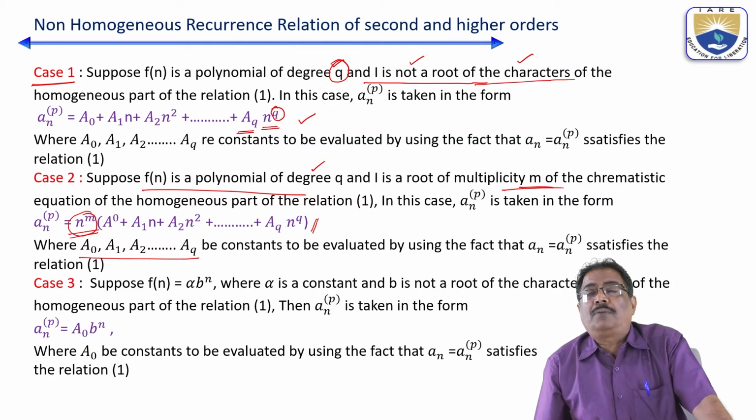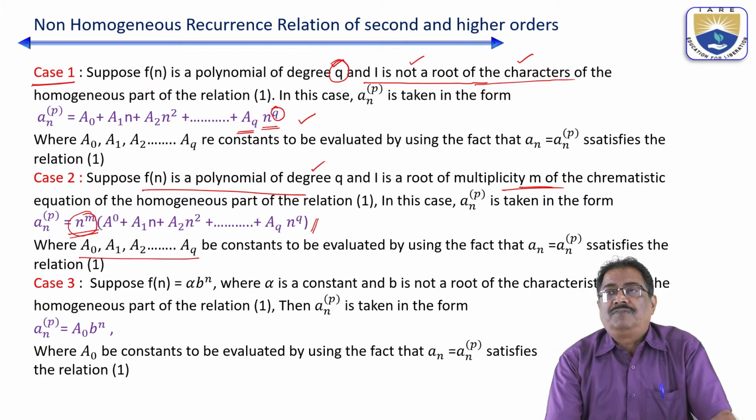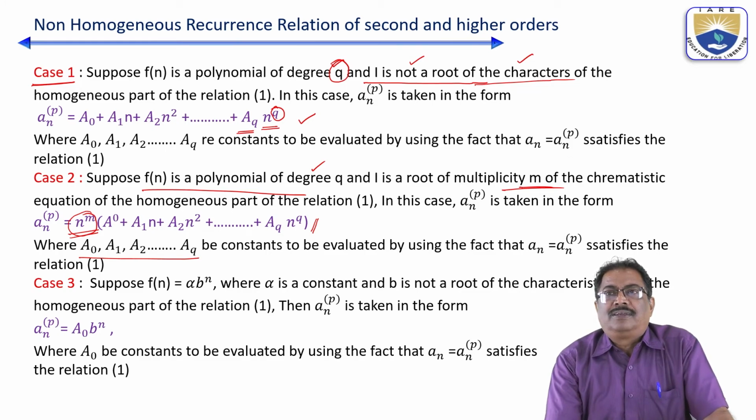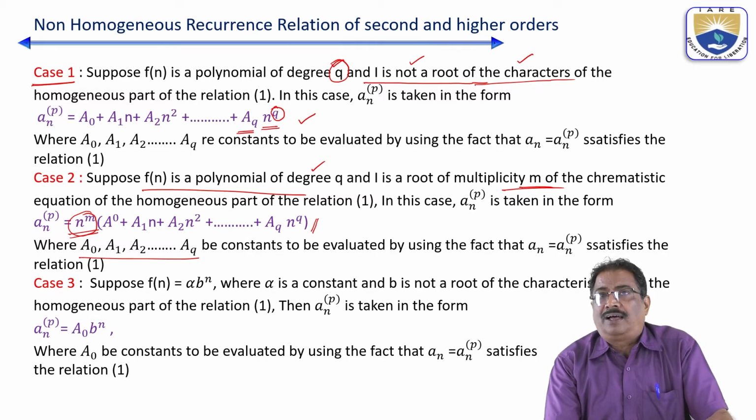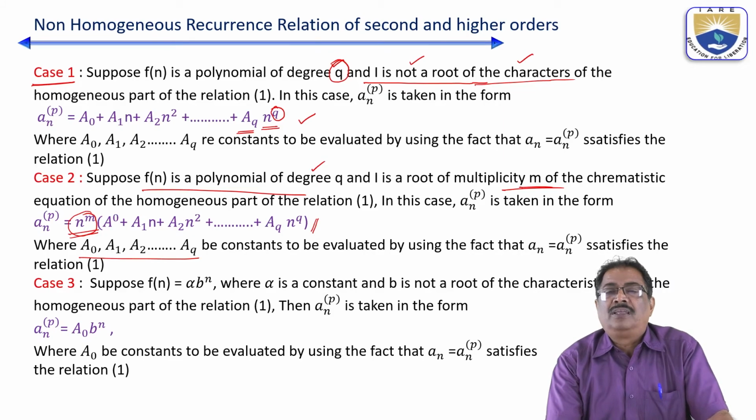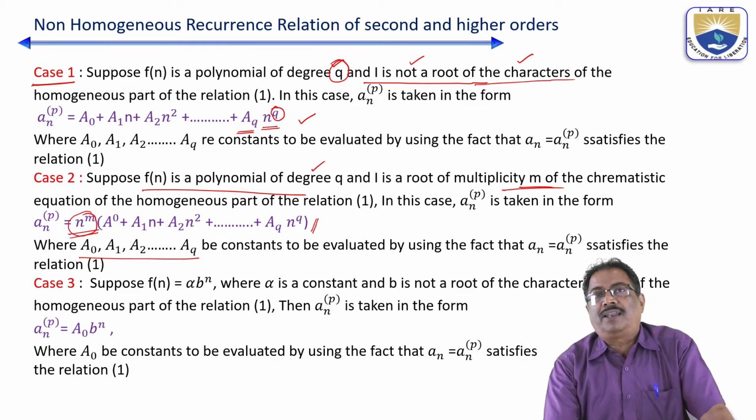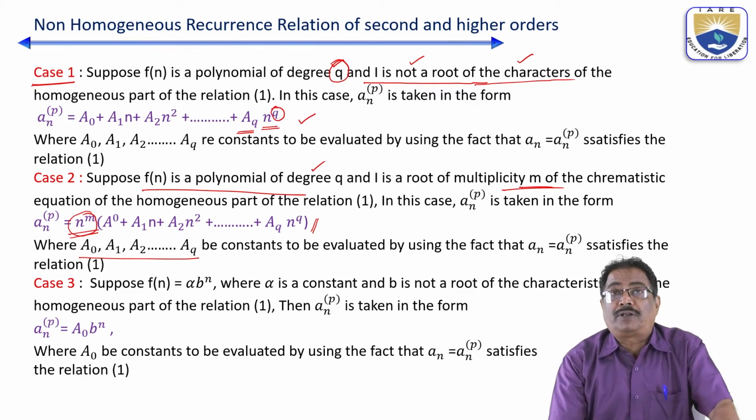Suppose it is not a polynomial of degree q, but is of the form 2n square, n to the power of 6, or 3n cubed, like that, a function of n cubed, n square, 2n square, 3n square. Then how do we assume a particular solution?